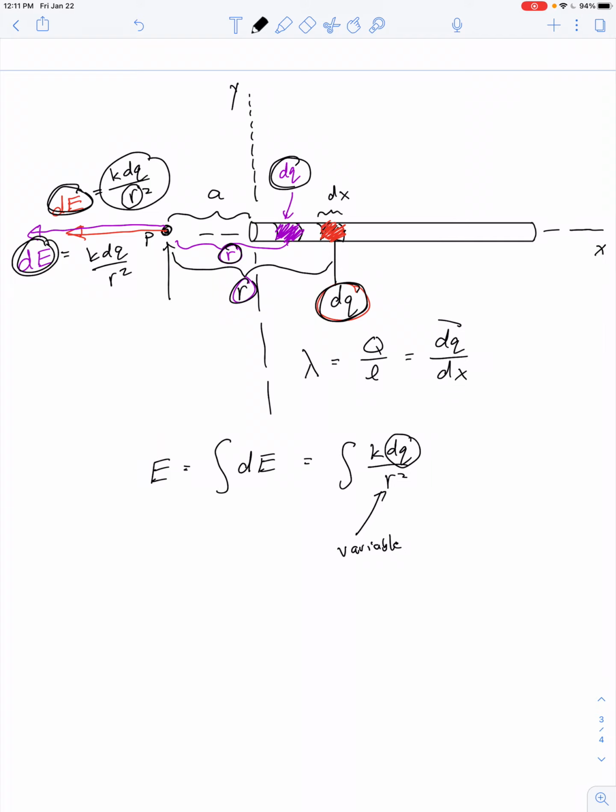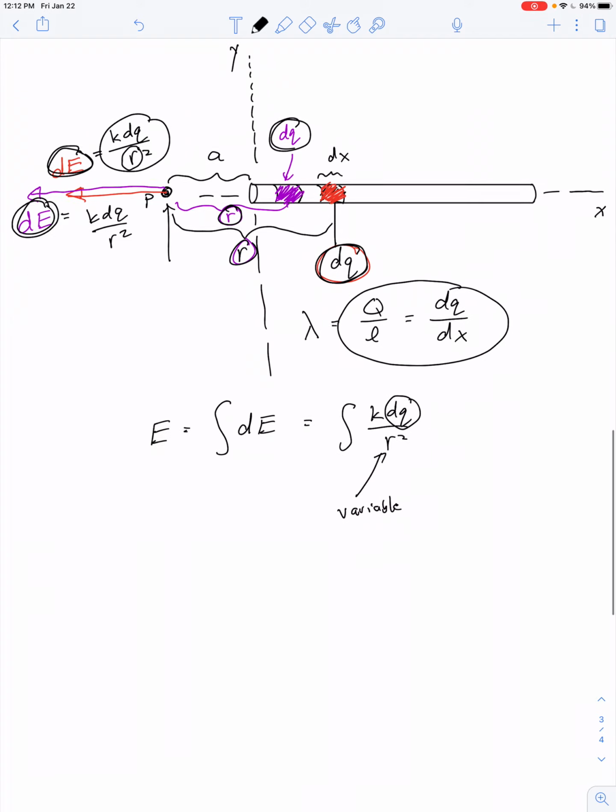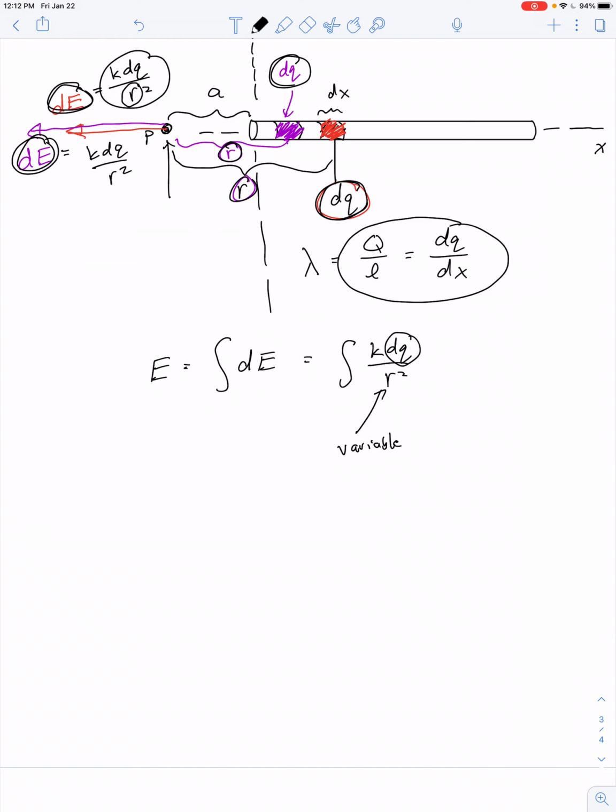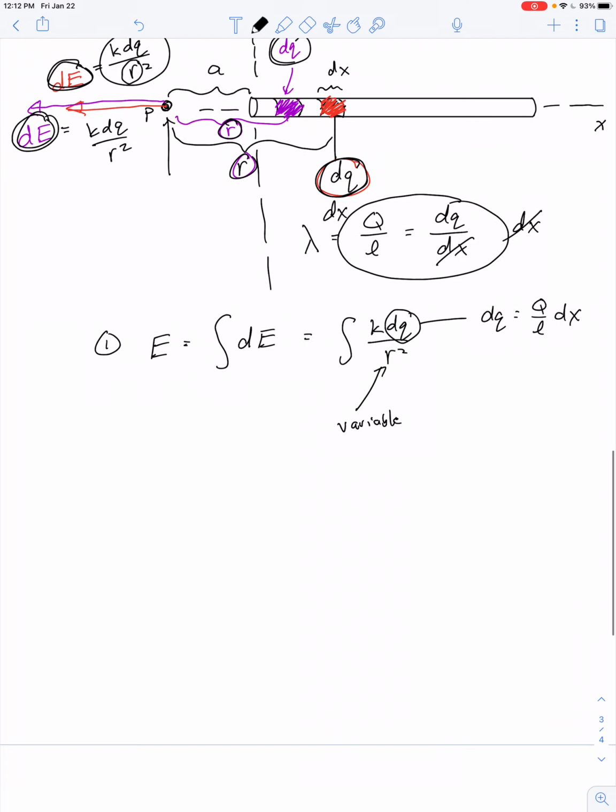So we'll take advantage of the uniform charge density to make a substitution just by cross multiplying. If we multiply both sides of this equation by dx, then we can substitute and say dq is the same thing as q over L times dx. Let's call this step 1 of our solution.